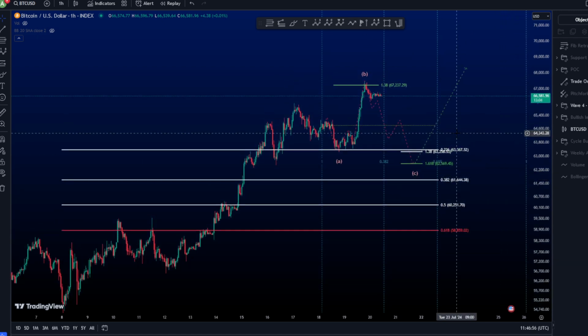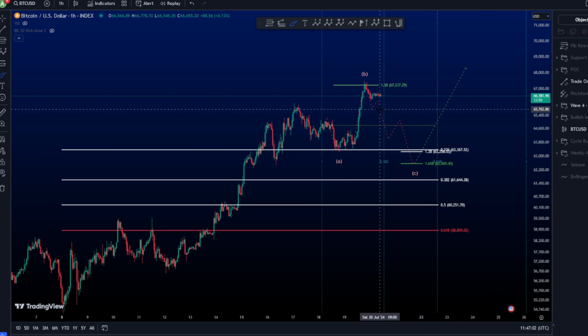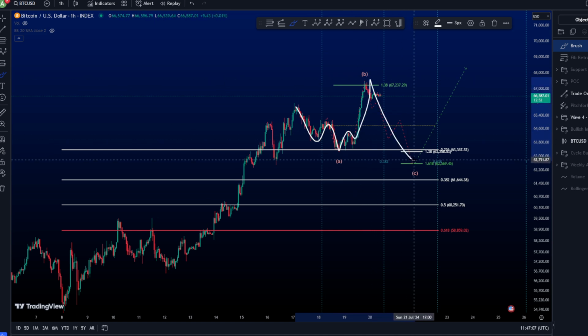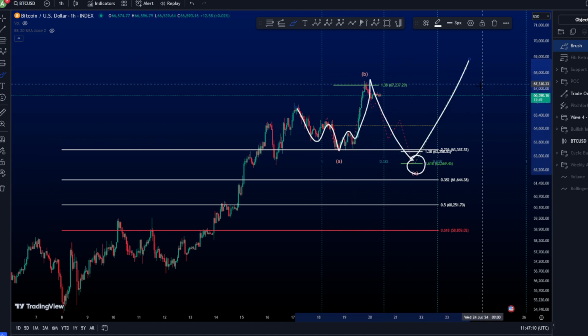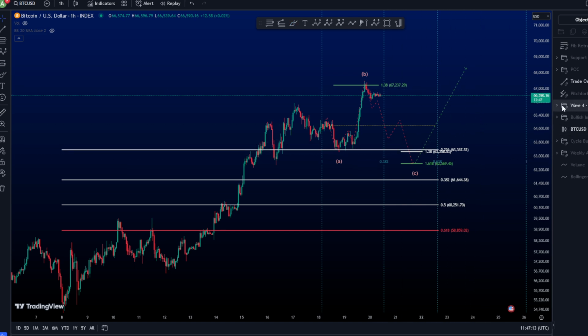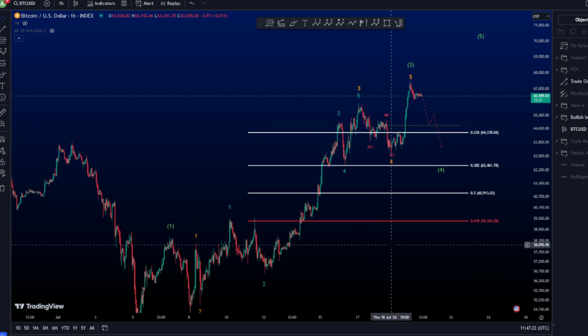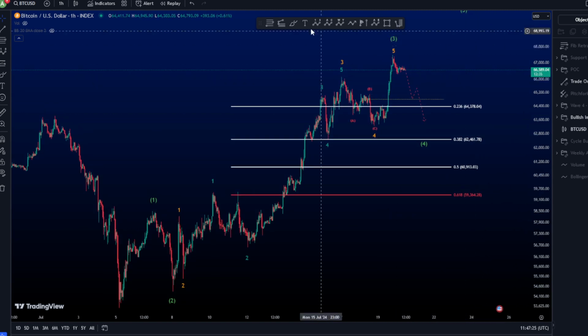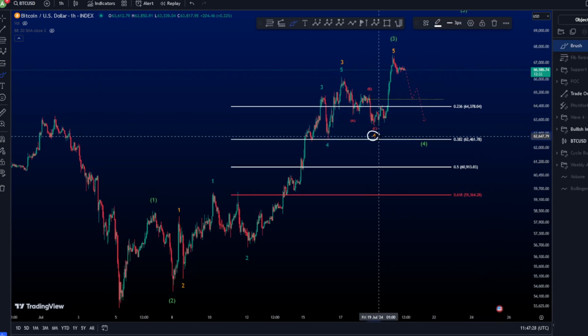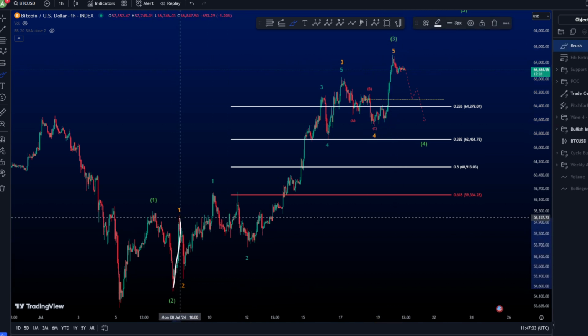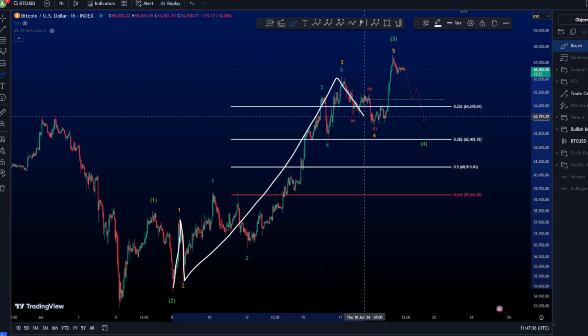So to recap, guys, expect that we revisit this area again, because in this scenario, if we have a flat ABC, we need to revisit this area and then move on for a wave C. If we are not in this scenario and we are in the alternative scenario, which is this one where we have a triple impulse, then that means we have just finished the wave 4, and yesterday it was a wave 5 of the orange impulse, starting from this one, 1, 2, 3, 4, 5.